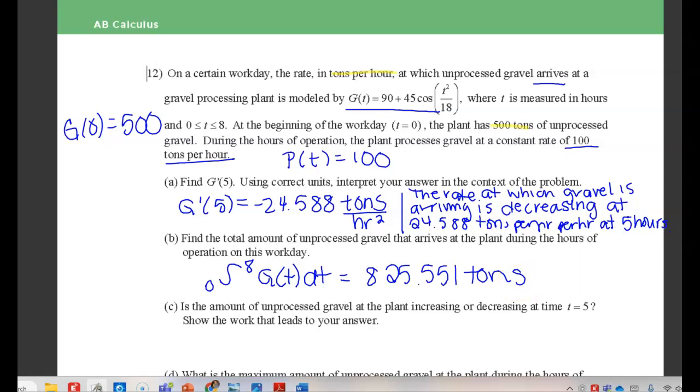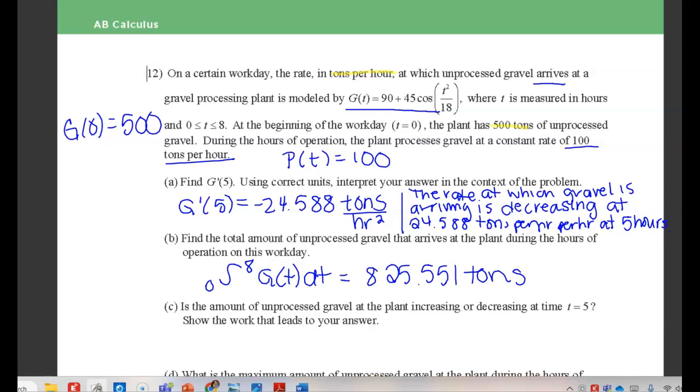G of 5 is different. G of 5, so that's part C, is the amount of unprocessed gravel at the plant increasing or decreasing at time 5. Show the work. So now, again, we are given a derivative.